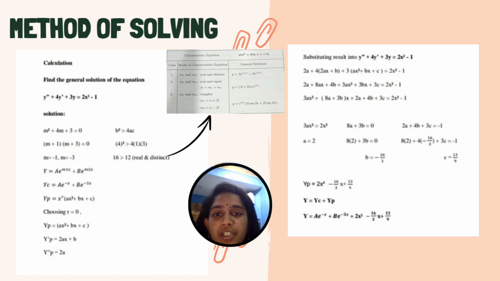Okay, my question is: find the general solution of the equation. The question is y'' + 4y' + 3y = 2x² − 1. Okay, the solution is: first we substitute the variable m in the original equation and set it equal to 0. The equation will be m² + 4m + 3 = 0.